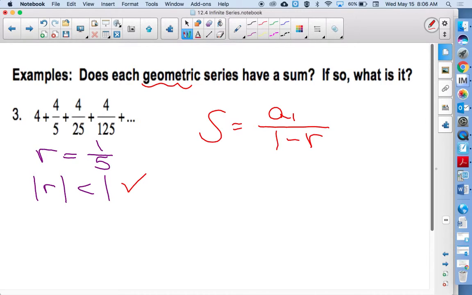Again, some math guy in the 1400s found this pattern to get the sum of sequences, the sum of series. So taking the first term, which is 4, and then you're dividing that by 1 minus a fifth, which is really 4 divided by 4/5. Abby, what is 4 divided by 4/5?